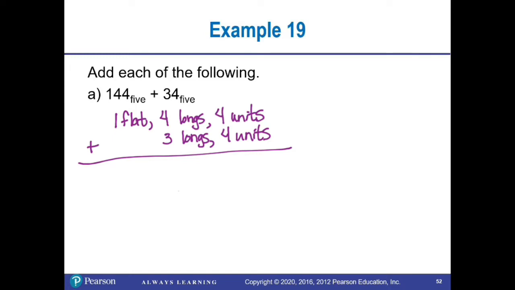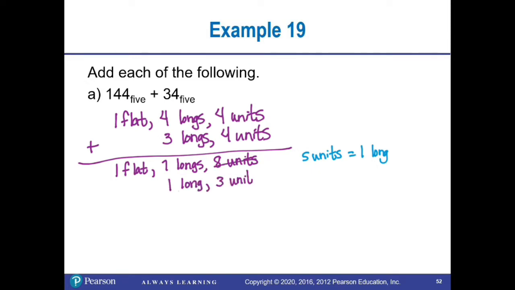I'm going to add, so I have 1 flat, 7 longs, and 8 units. Now remember, in base 5, 5 units make a long. So I'm going to exchange 8 units for 1 long, and then I'll have 3 units left. Add, and we have 1 flat, 8 longs, and 3 units.